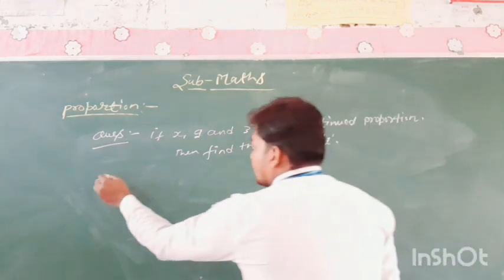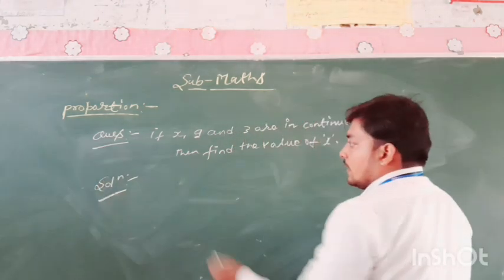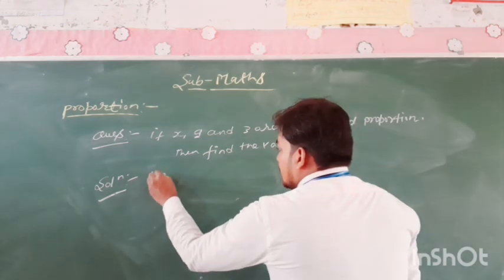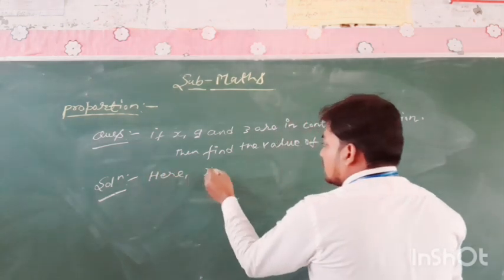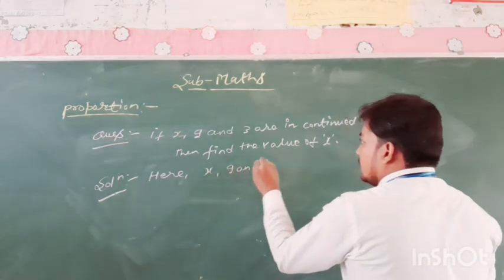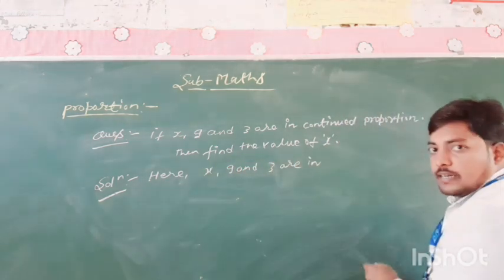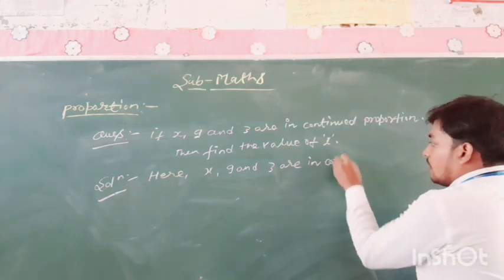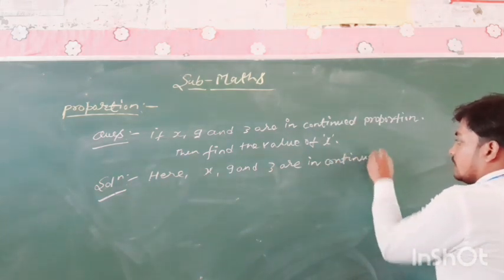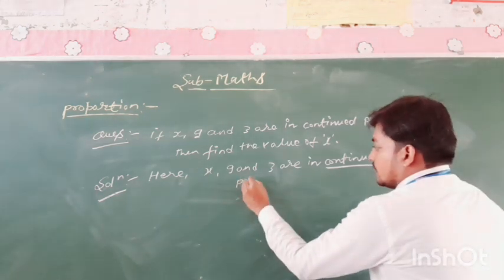So in the solution of the problem, it says that here x, 9 and 3 are in continued proportion.